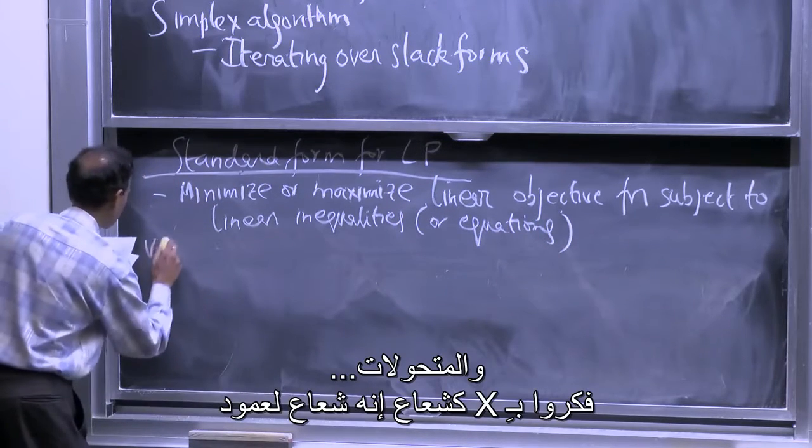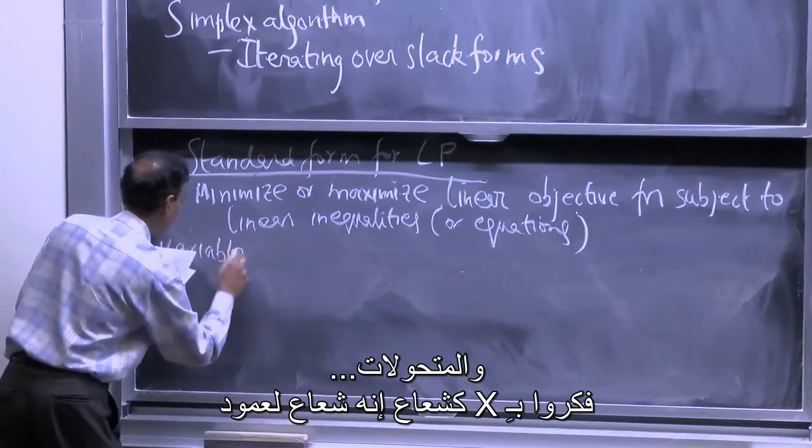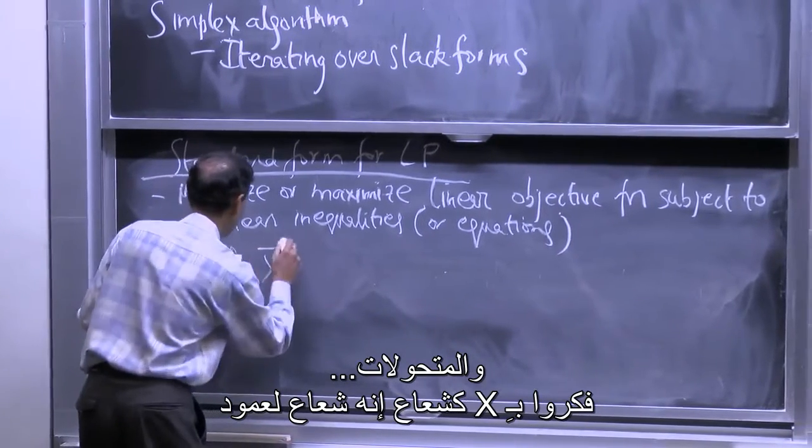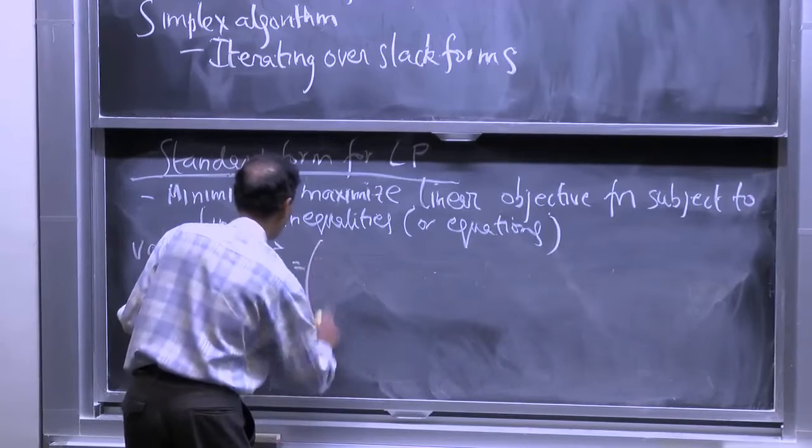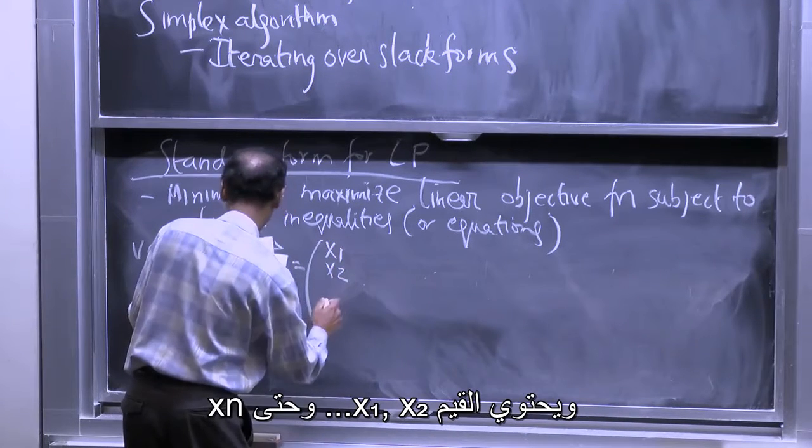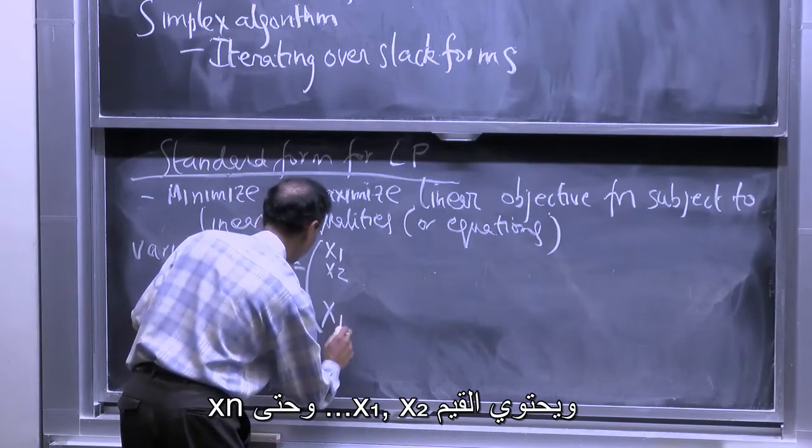And the variables, think of x as a vector. It's a column vector, x1, x2, all the way to xn.